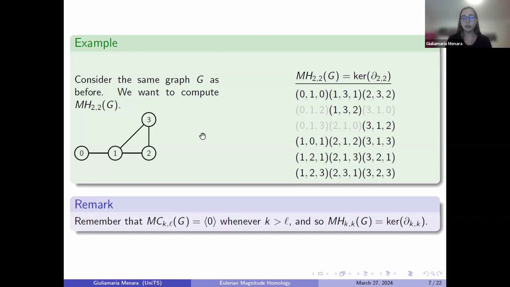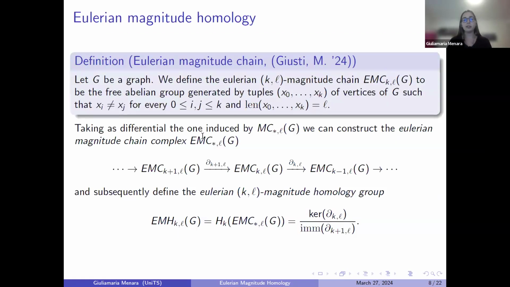So because of this, we give this definition of Eulerian magnitude chain, where we take the Eulerian magnitude chain to be the free abelian group generated by k plus 1 tuples of vertices, such that we never revisit the vertex.